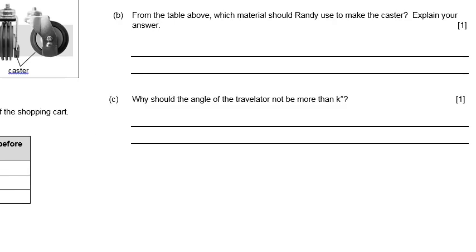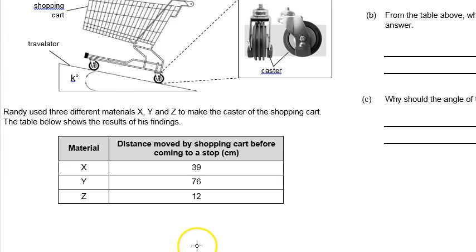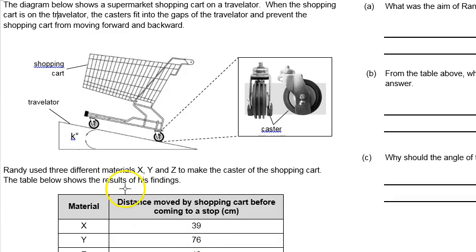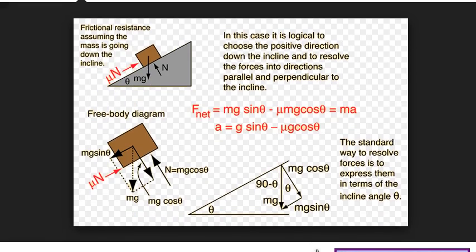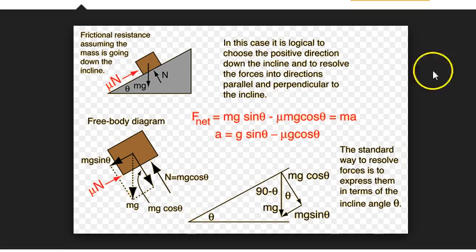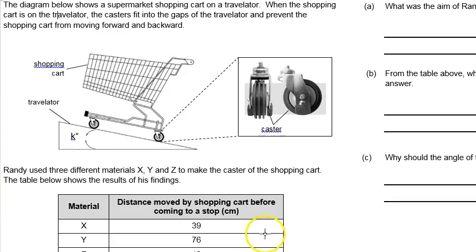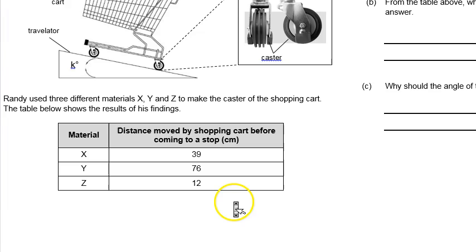Why should the angle of the travelator not be made more than K degrees? We do know that the greater the slope, the lesser the friction gets, and also because the slope that was used to test the material was K degrees, and so therefore if you change K degrees, then the distance moved by the shopping cart would also change.